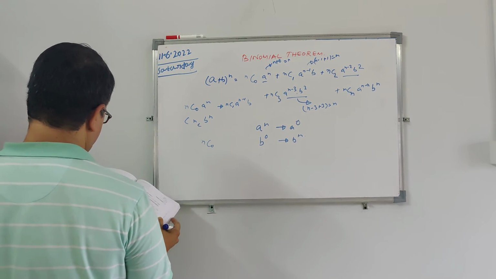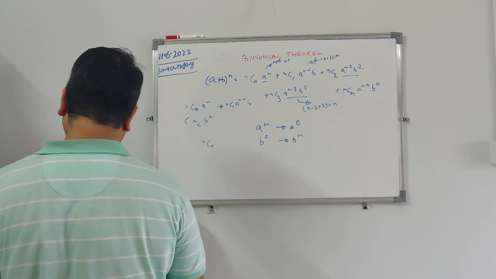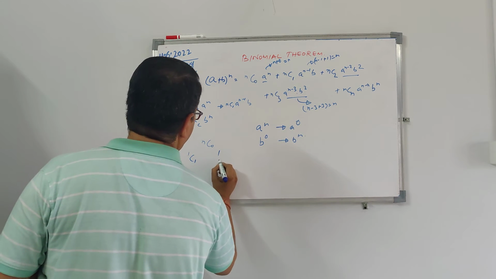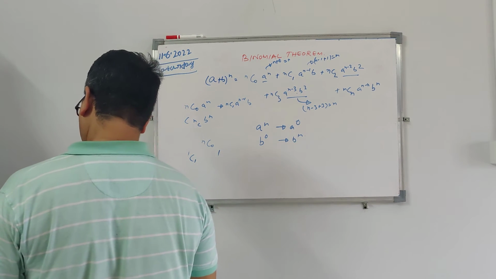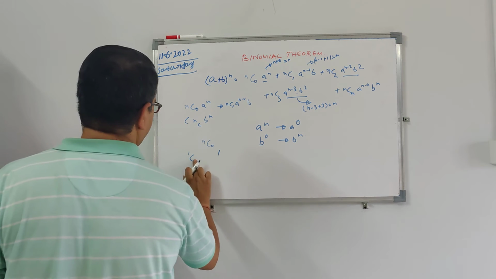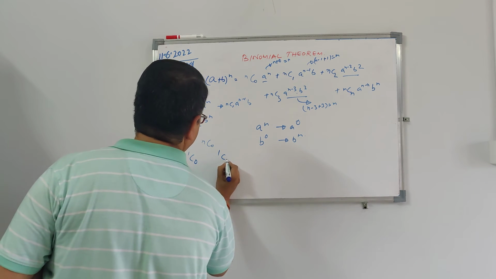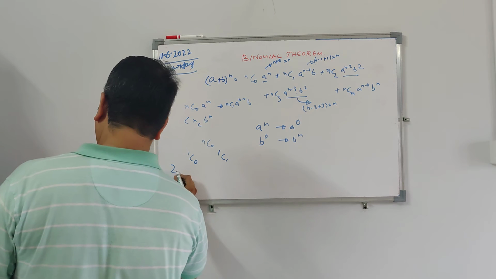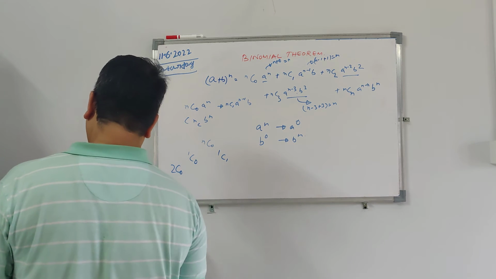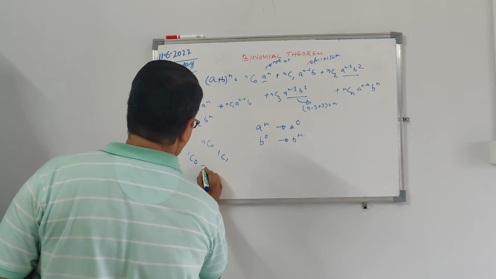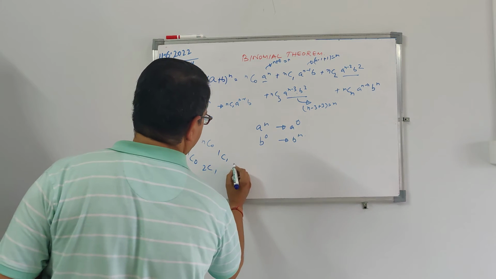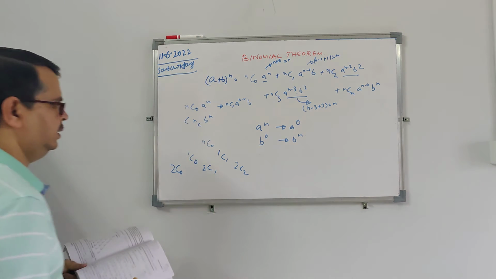So first is 0C0, then the second row will be 1C0 and 1C1. Then the next row will be 2C0, 2C1 and 2C2, like that.